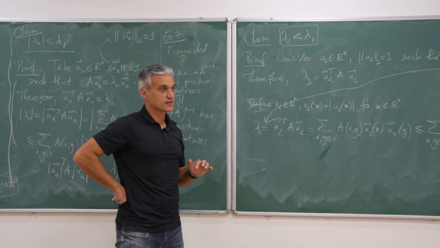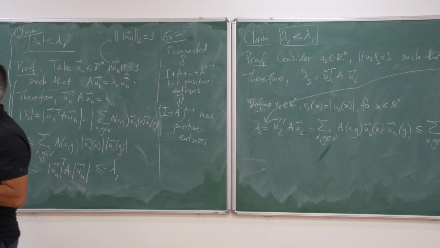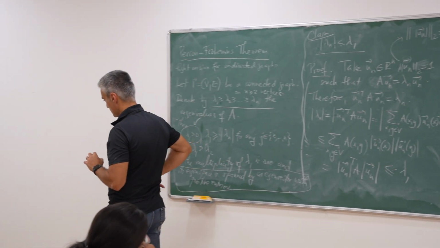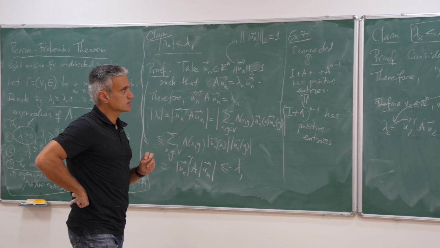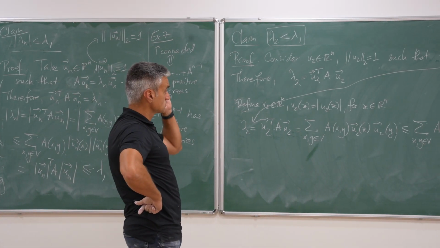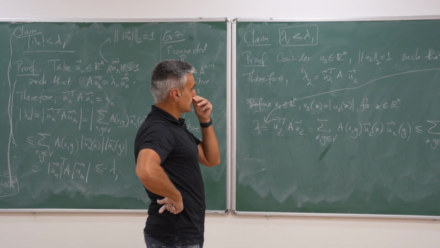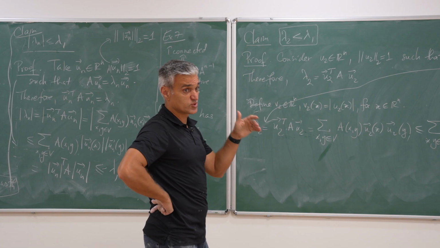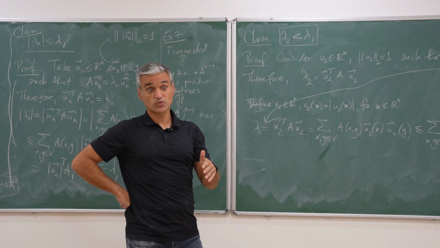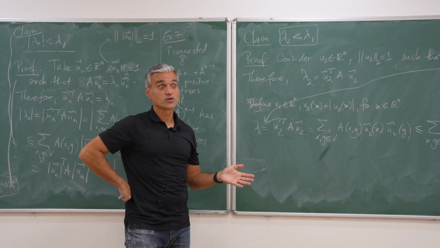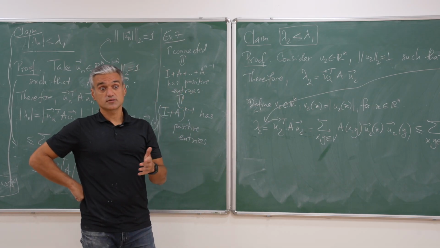Well, there's another thing that we haven't used. What can we assume about these vectors u1, u2, un? Orthonormal. So one thing we haven't used about u1 and u2: they're perpendicular to each other.